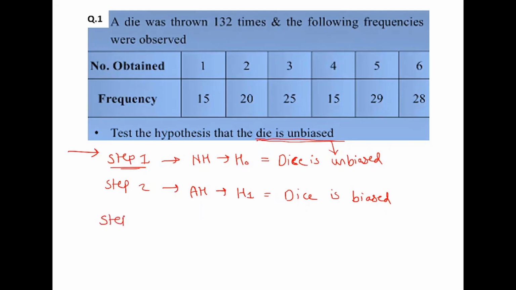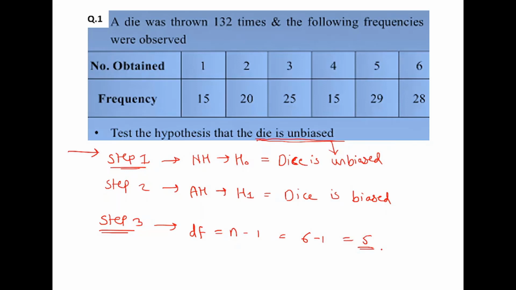In step 3, we calculate the degree of freedom and we finalize the level of significance. The degree of freedom here will be n minus 1. The observed values are 1, 2, 3, 4, 5, 6, so n is 6. So the degree of freedom is 6 minus 1, which is equal to 5.